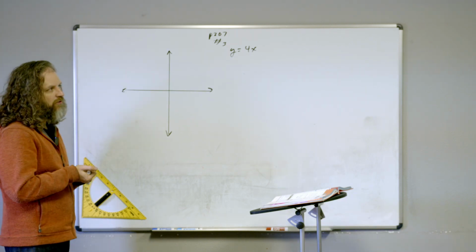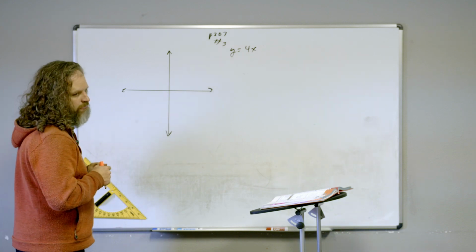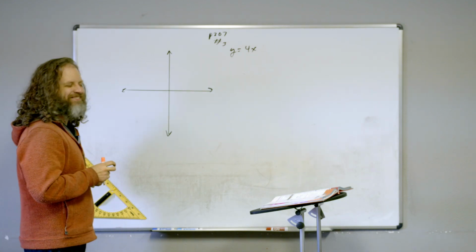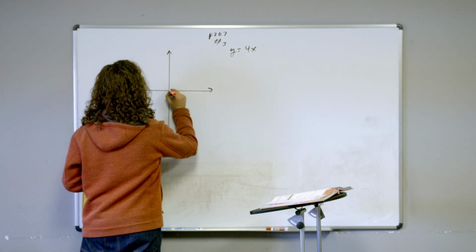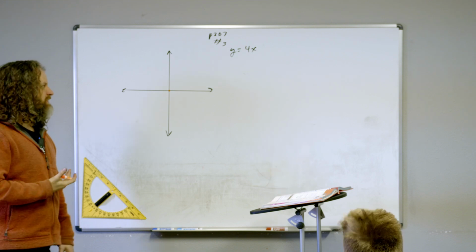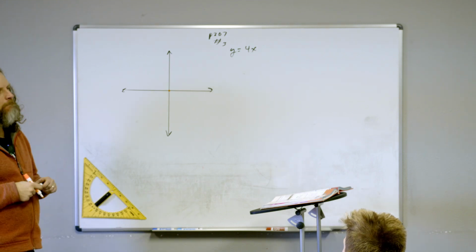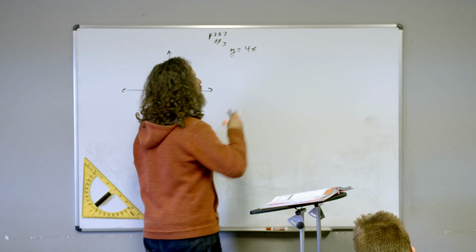So where's the y-intercept? The y-intercept is at the origin, right? So then where are we going to go now? Up 4. Up 4 over how many? 1.